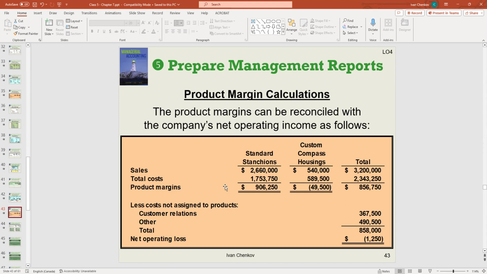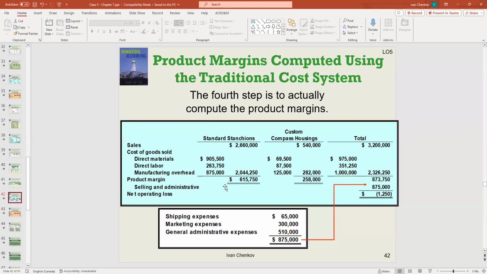Now we're coming to the point, remember the example with the 3 students that were sharing the costs for the rent based on the number of the students. That's the traditional costing.